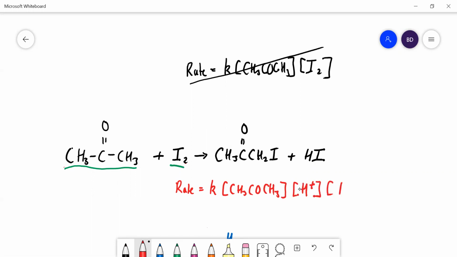I'll put the iodine in there, but it is 0 order with respect to iodine, so it doesn't matter what you do to the iodine concentration, it doesn't affect the rate of reaction. So what we would say then is it would appear that the rate determining step has got to involve H plus ions and propanone. Also, the fact that H plus doesn't appear in the reaction equation would tend to suggest that this H plus is acting as a catalyst here.